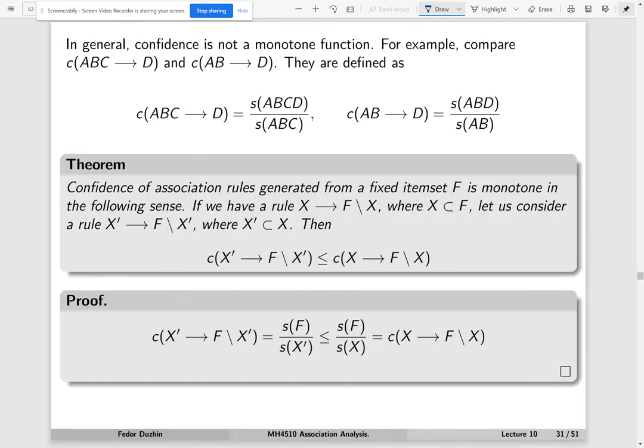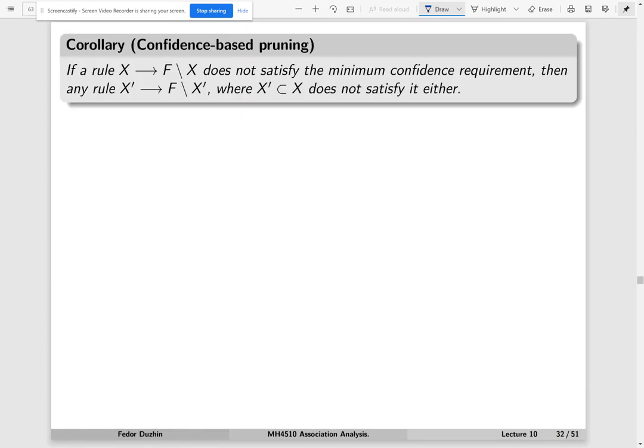Okay, theorem is proved. So here is the proof again. It means the following thing.